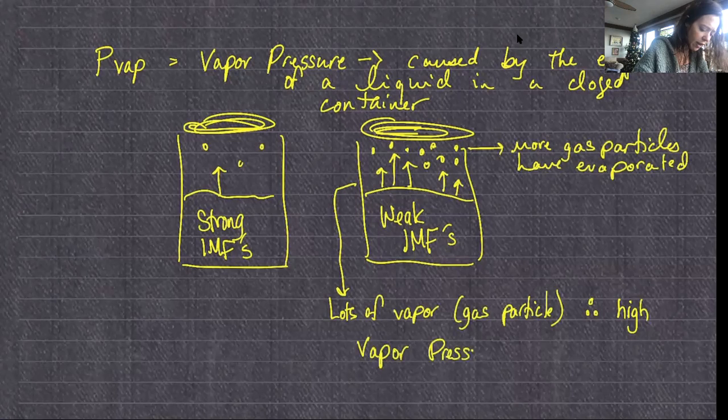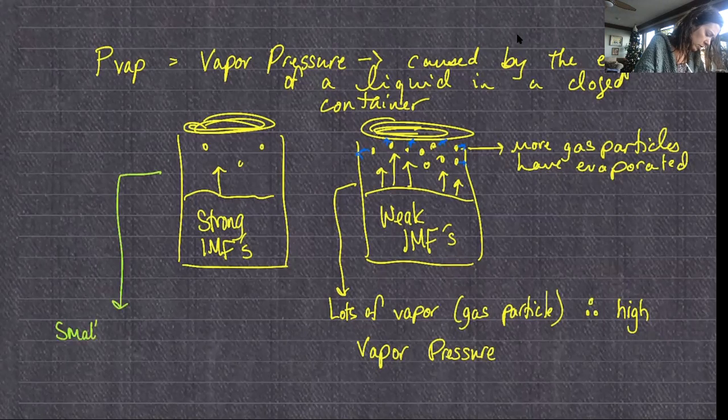That vapor up there is pushing against the walls of the container and causing a force, a pressure to be applied. Over here, we have a small amount of vapor, and therefore we have a low vapor pressure, low P vap.